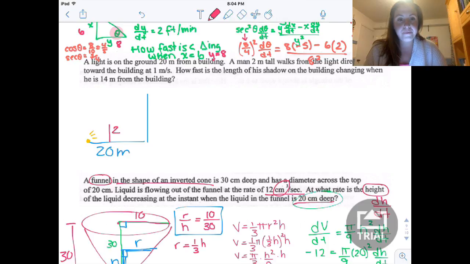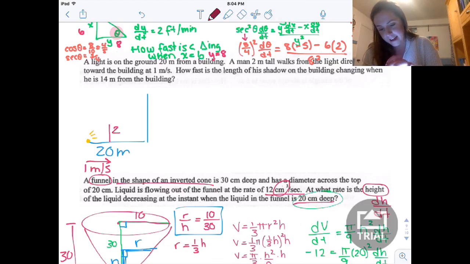And then he's walking towards the building at 1 meter per second. I'm not labeling that directly on the picture because that is not a length, it's an amount. And then how fast is the length of his shadow on the building changing? So think about that.